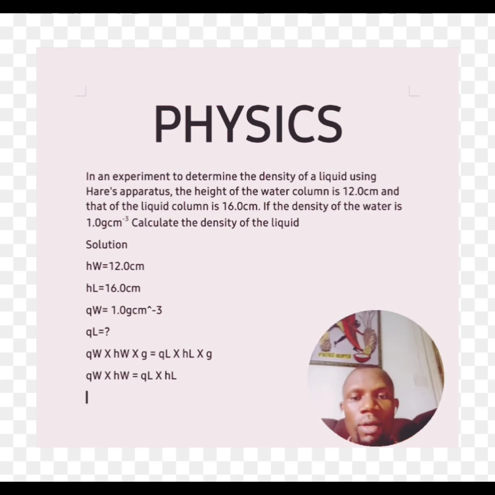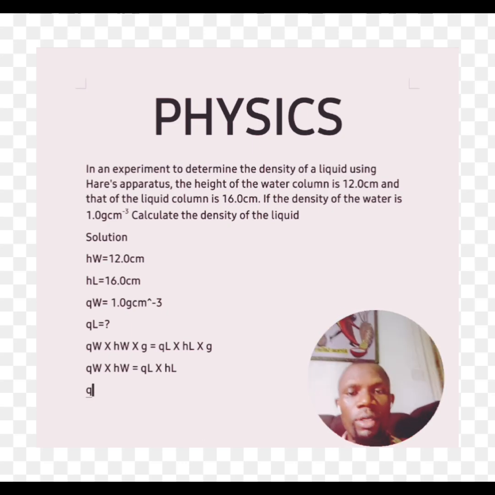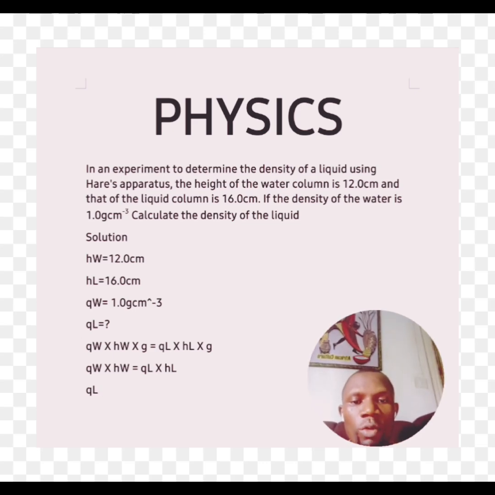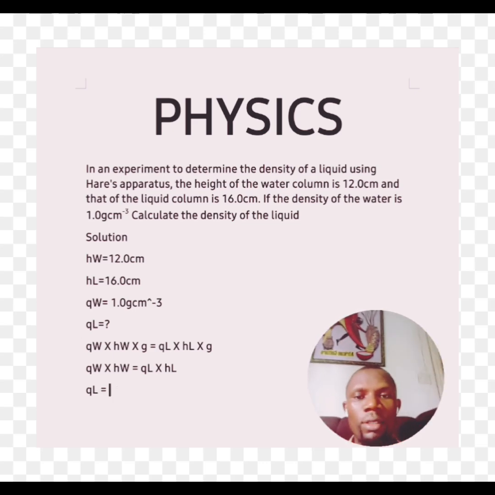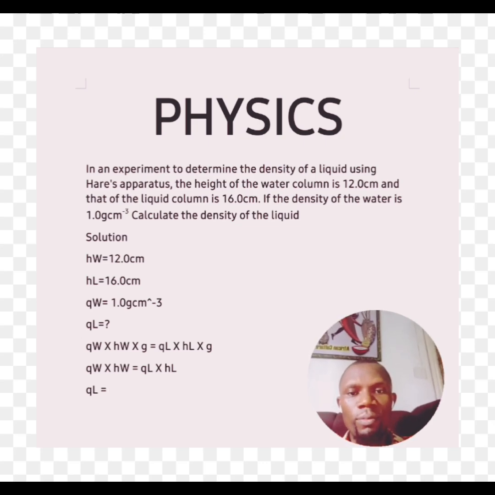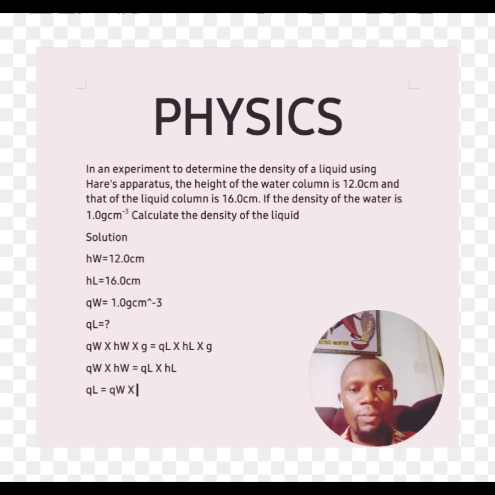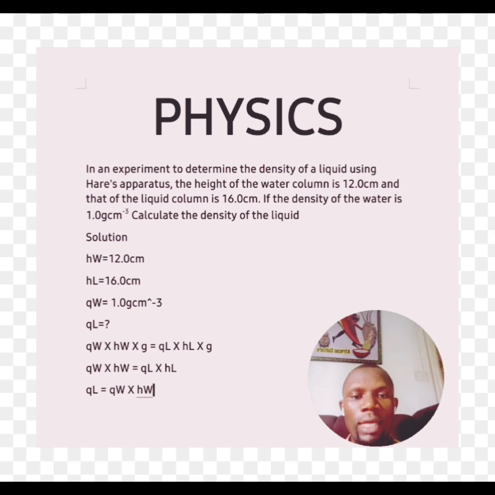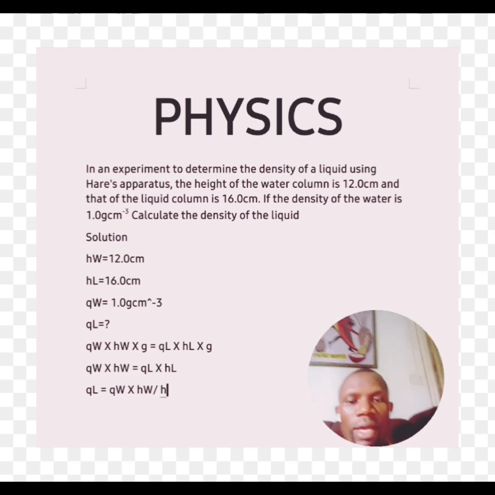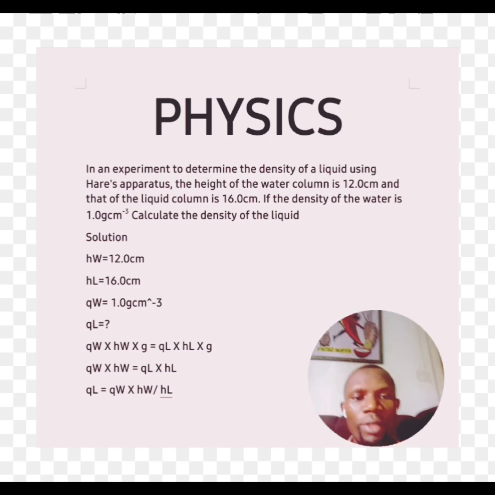So in doing that, I'll have this, my density of liquid is equals to my density of water times my height of water divided by my height of liquid.